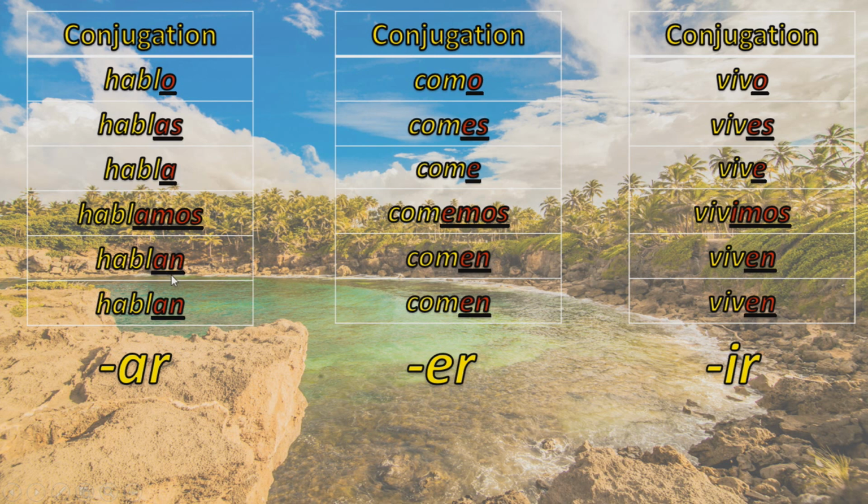And in the case of the other two groups, I replace the ending ER and the ending IR with the letters EN. So it's a little easier, right? It's not so difficult like it seems at first. It's not so difficult to remember.